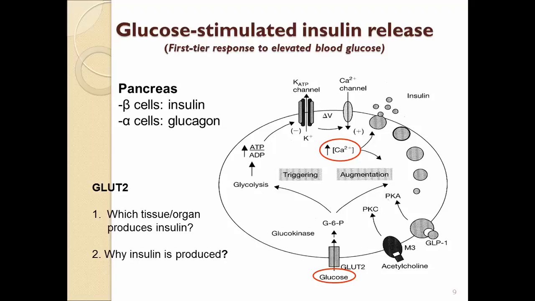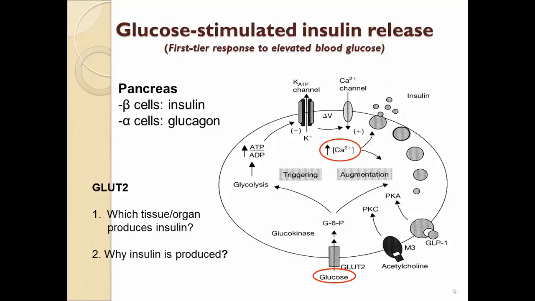So here is the beta cell. You want to know how glucose stimulates insulin release. First is uptake by GLUT2, and then glycolysis raises the ATP to ADP ratio, and then depolarization of the membrane occurs because the potassium channel closes, so potassium stays in the cell and changes the membrane polarization.